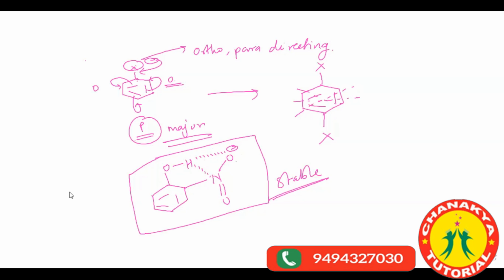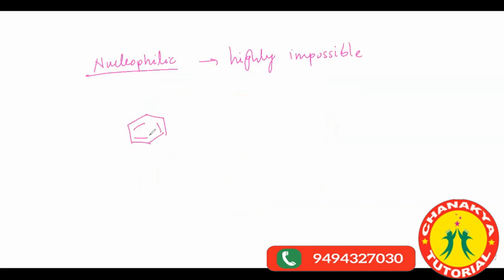So in nucleophilic substitution, I have explained what? Nucleophilic substitution is highly impossible actually with respect to your halogen compounds, right? Why? Your halogen compounds are also electronegative, means if you have to substitute, the nucleophile will also be electronegative.